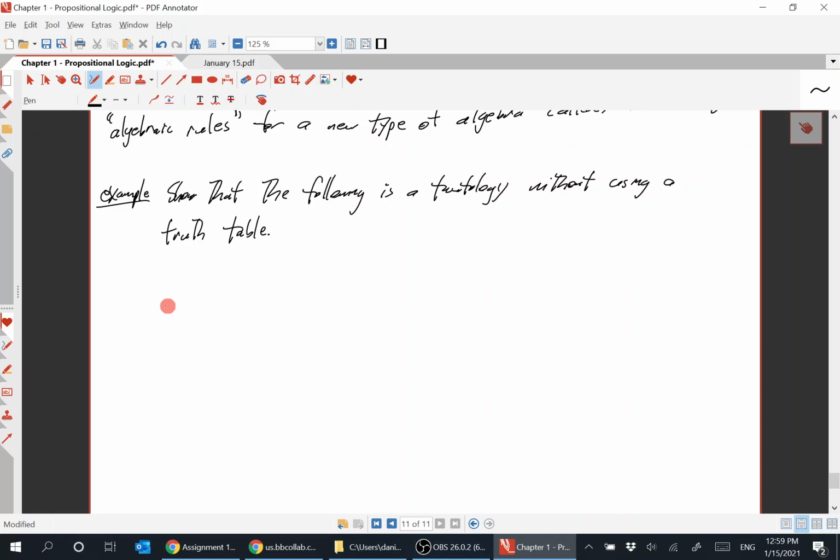So this is going to be A not or A implies B not or A or B, and this is logically equivalent to 1. Okay, we want to show that this is a tautology without actually using a truth table.